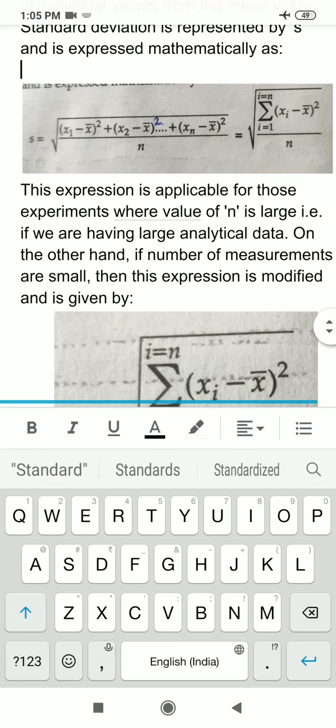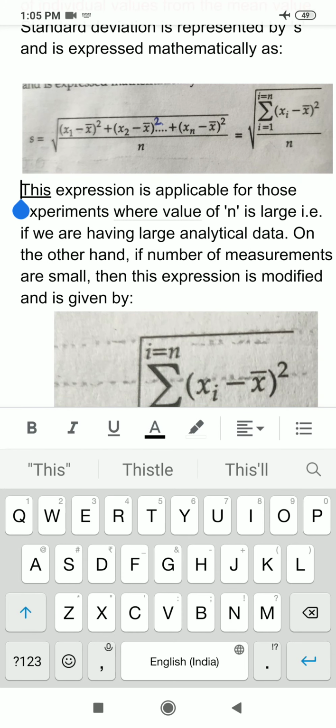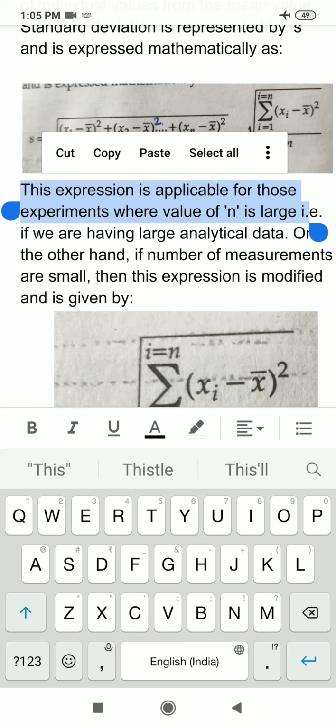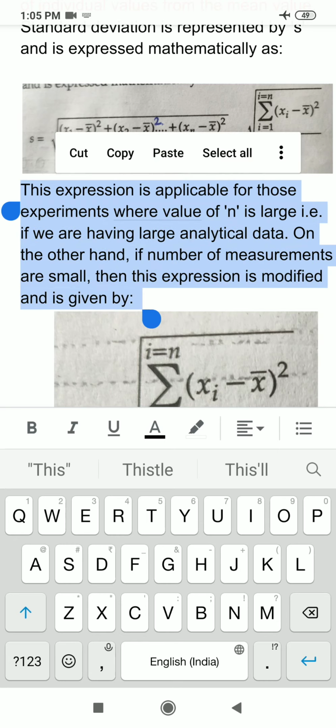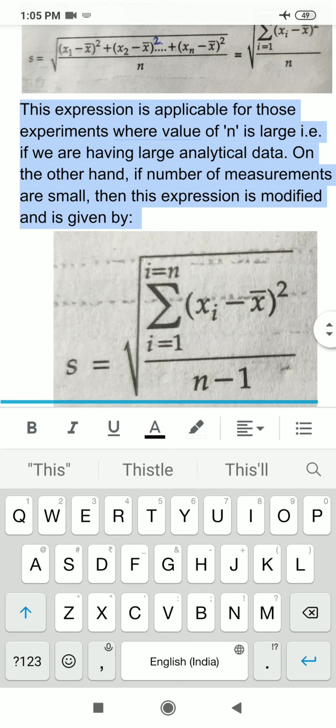But please note that this expression is applicable for those experiments where the value of n is large. This formula is valid only if we are having a large number of measurements or large analytical data. On the other hand, if the number of measurements is small, then the expression is modified. Then in this case, in place of n in the denominator, we will write n minus 1.